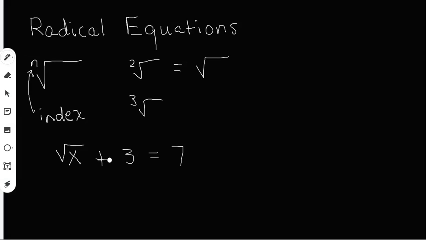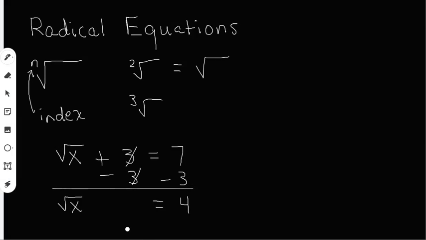So to get rid of a positive 3, I would have to subtract 3 on both sides. When I do that, the 3's are going to cancel out, and I can bring down my square root of x. On the other side, I have 7 minus 3, which is going to give me 4.